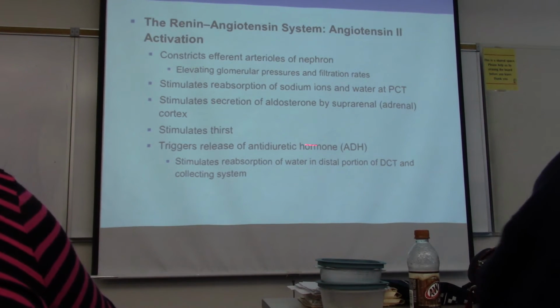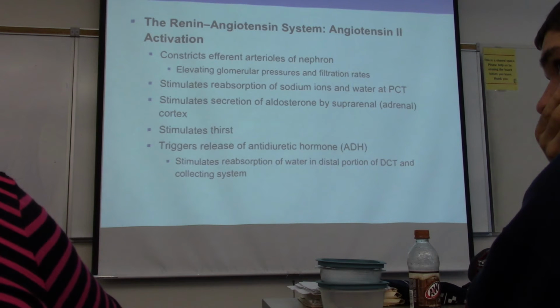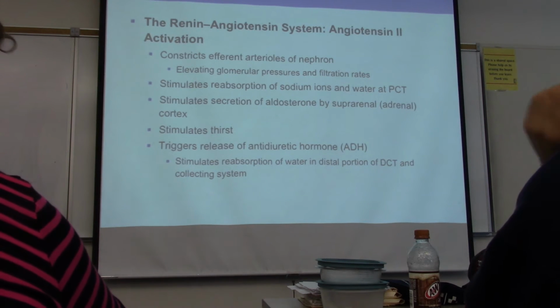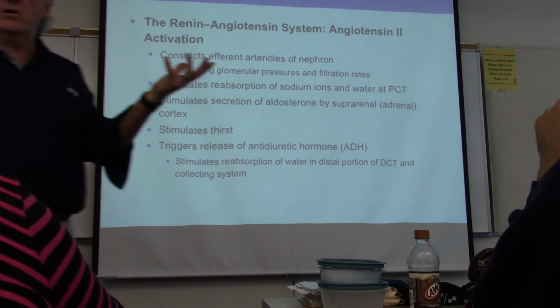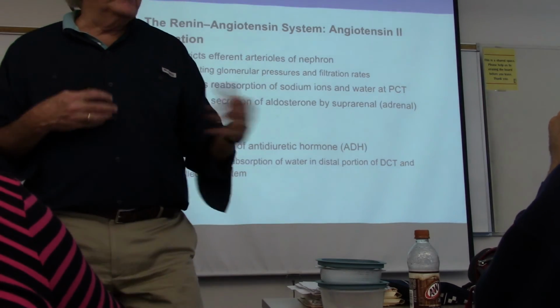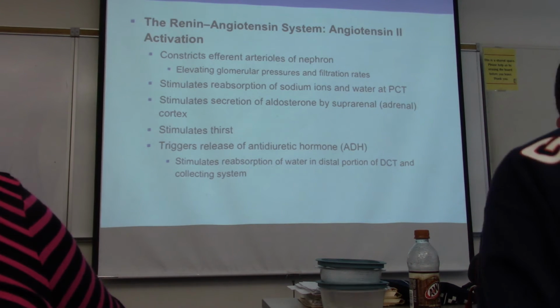And it also triggers the release of ADH. Remember ADH? Where is it made? In the hypothalamus. And then it comes down and is released by what part of the pituitary? The posterior, right? The neurohypophysis. Remember that? Okay.